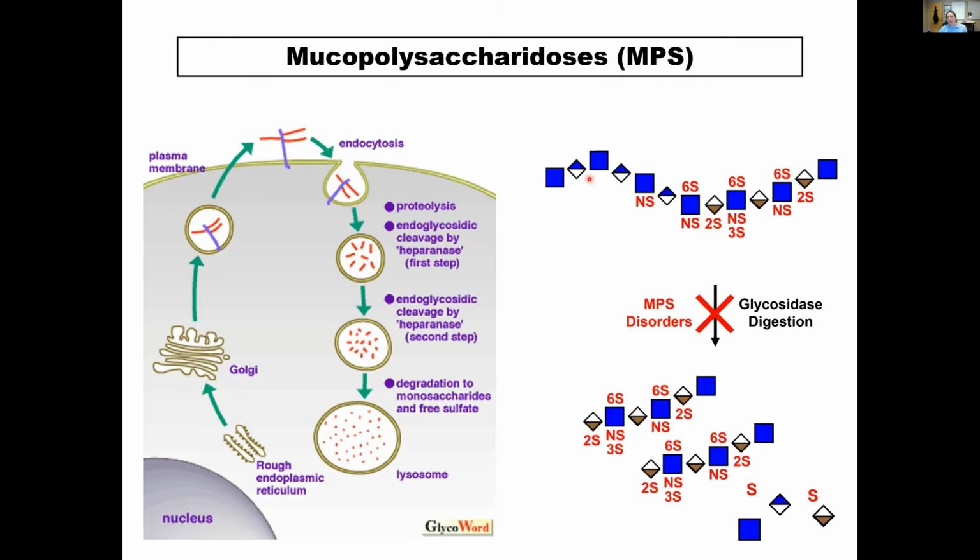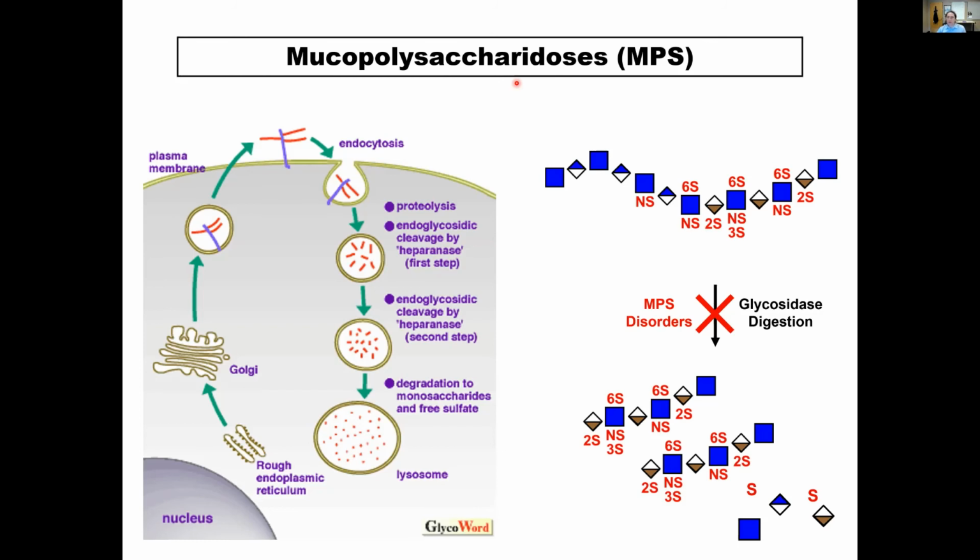These lysosomal storage disorders, and particularly a group of them known as mucopolysaccharidoses or MPS disorders, are where the patient has a genetic mutation in one of the enzymes involved in degrading GAGs in the lysosome. Typically these are all autosomal recessive, so you have a homozygous mutation in one of these enzymes.